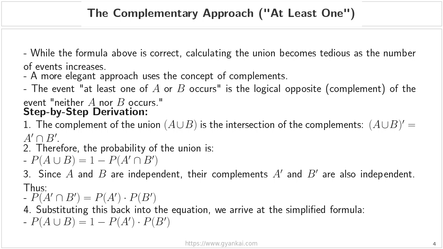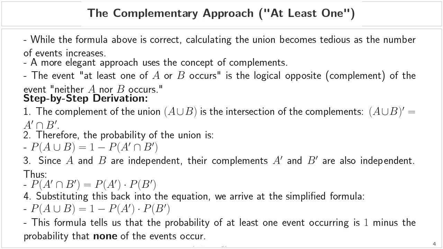Finally, when we substitute this back into our equation, we arrive at our simplified, powerful formula. P of A union B equals 1 minus P of A prime times P of B prime. To summarize this concept, this formula tells us that the probability of at least one event occurring is simply 1 minus the probability that none of the events occur. This is going to be our secret weapon for the example coming up in the next slide.